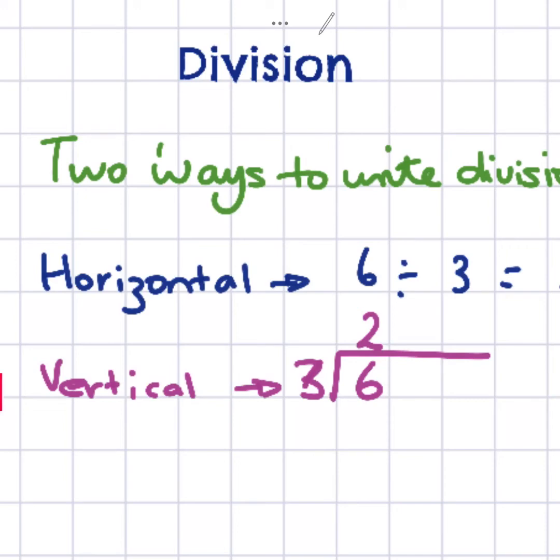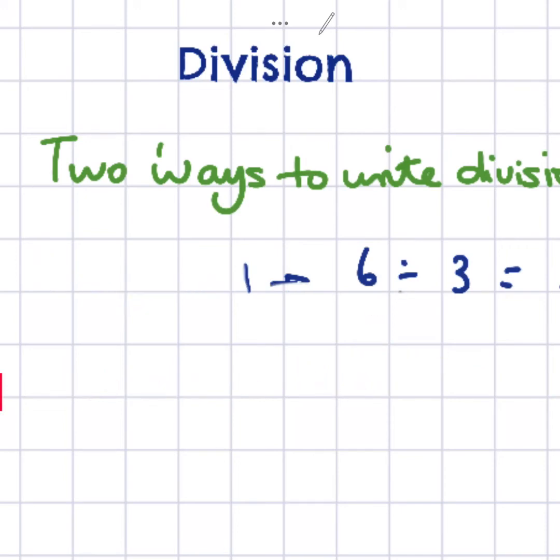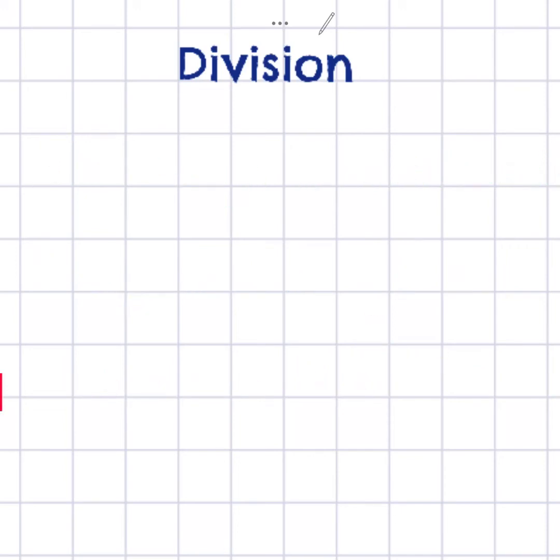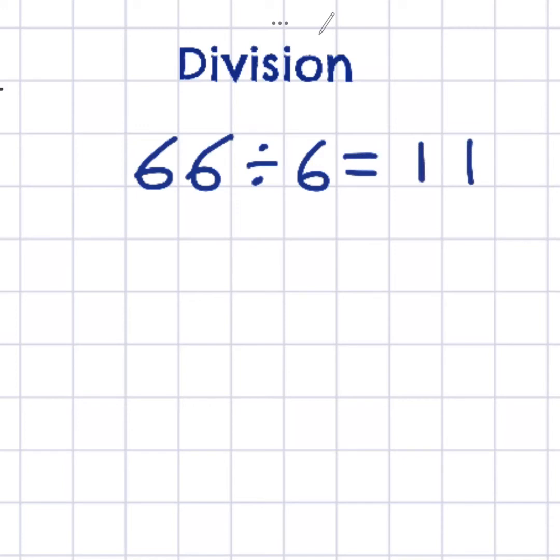Let's go back to our horizontal sums for a second, and let's look at what happens if we add 2 digits to the 1-digit divisor. Remember that division is the opposite of multiplication, and we can use our multiplication tables to help us solve a lot of the division sums. If I'm thinking of using a divisor of 6, I can go down my 6 times tables and remember that 6 times 11 is 66.